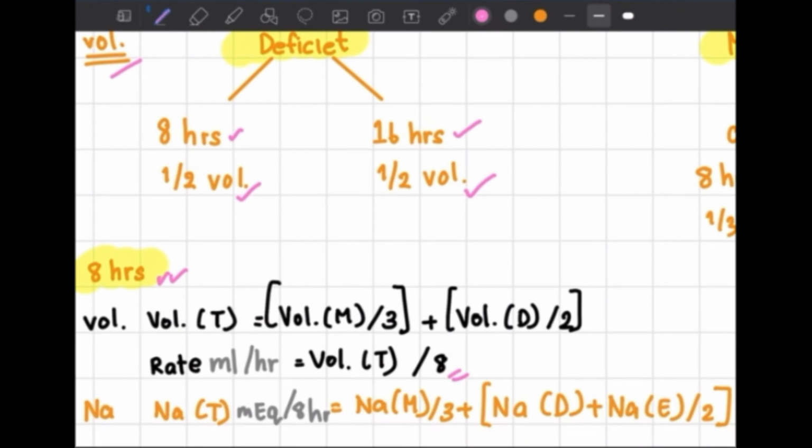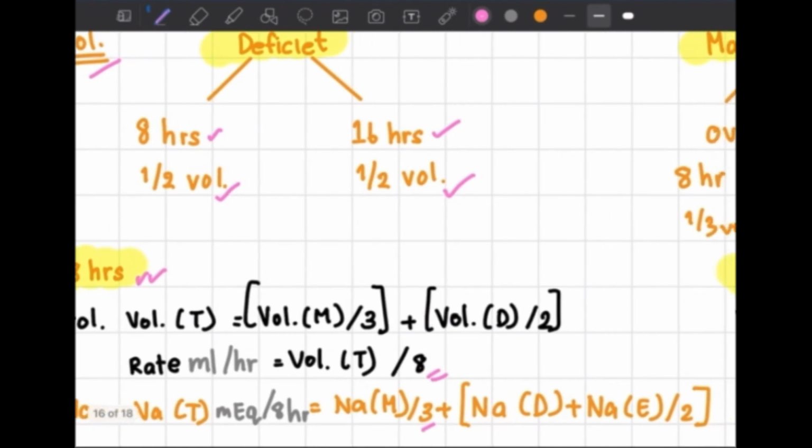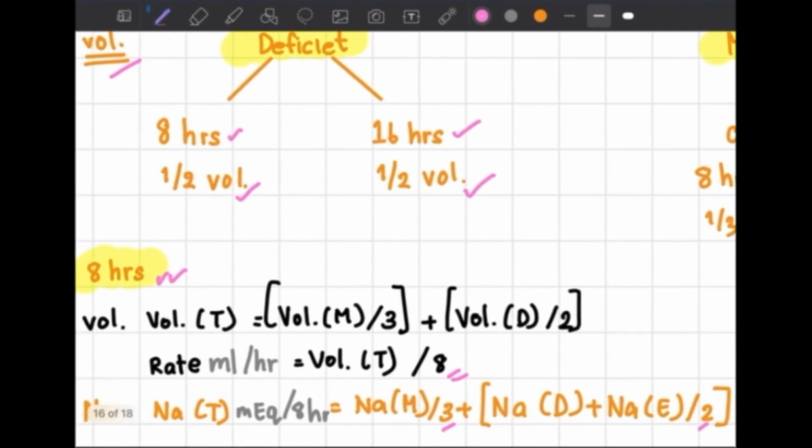And the sodium, as I have mentioned earlier, is the exact same thing. So sodium total, 8 hours, is sodium maintenance divided by 3 plus the sodium deficit and also the sodium excess loss divided by 2. All right, so that's quite simple.